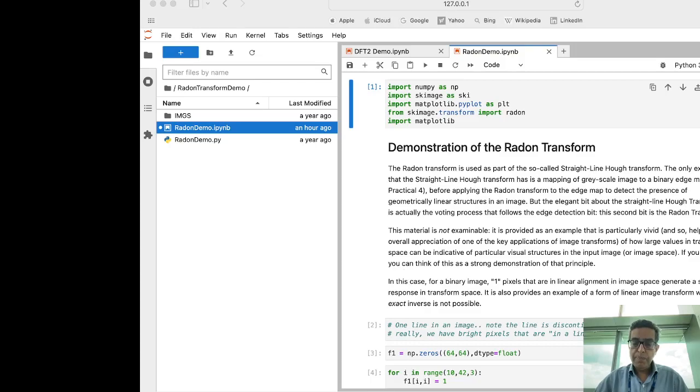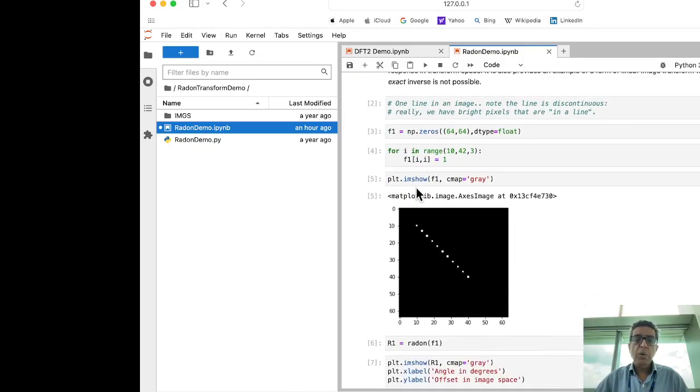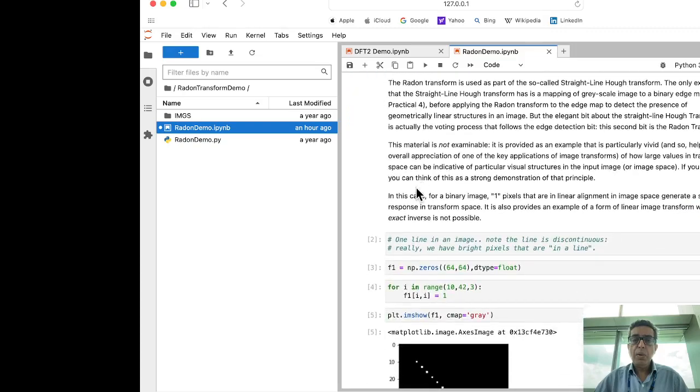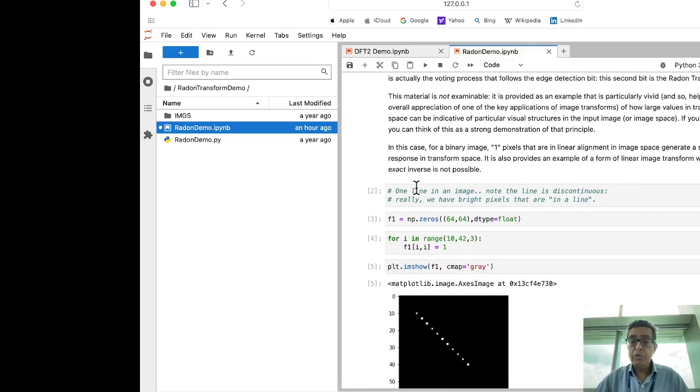Right, so here is an example of that last point, this point about being able to find features easily in transform space. What I'm going to show you is an example of a transform. It's not usually considered a linear image transform, but you can make it a linear image transform. You can define basis images for it and so on.